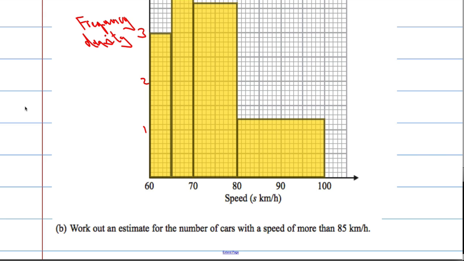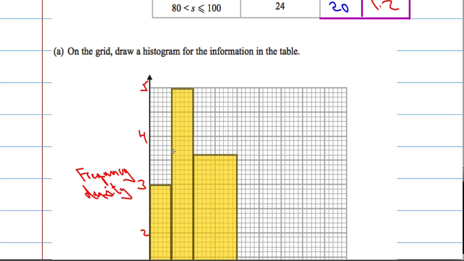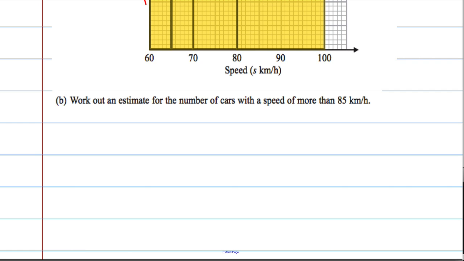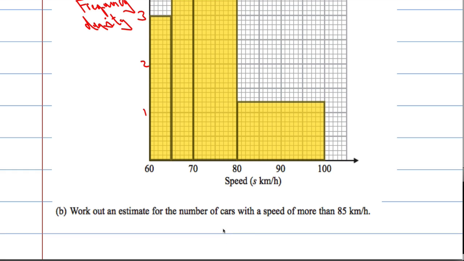The second part, we're asked to work out an estimate for the number of cars with a speed of more than 85 kilometers per hour. So an estimate for the number of cars, that is a frequency, with a speed of more than 85.